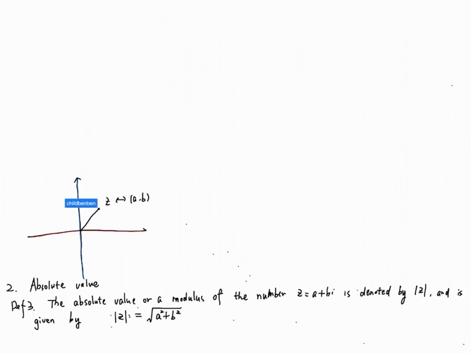As for this line segment, using the Pythagorean theorem, since the length of this line segment is a, and the length of this line segment is b, we know the length of this line segment equals what?